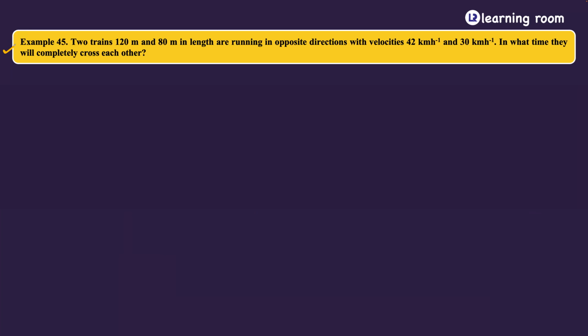So two trains, 120 meter and 80 meter in length, are running in opposite directions with velocities of 42 km per hour and 30 km per hour. In what time will they cross each other?